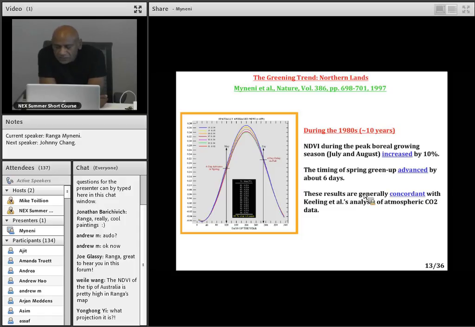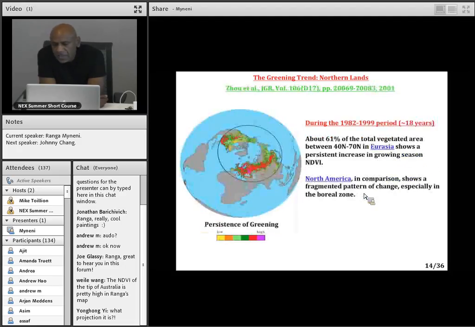So remember, this paper came out in '97, a year after Keeling et al.'s paper, and we had 10 years of data set, and that was enough of a, if you will, push to Dr. Tucker to rapidly produce and extend the NDVI data record.